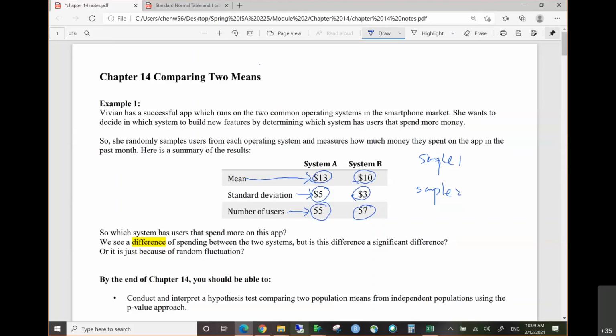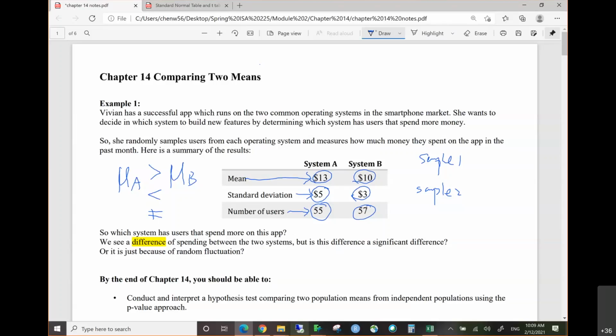Based on these two samples, I want to decide which system to use to build the new features. That means I need to decide which system has users that spend more money. That means I need to compare the population mean mu A and the population mean mu B. I want to compare whether it is larger than mu B, less than mu B, or maybe just different from mu B.